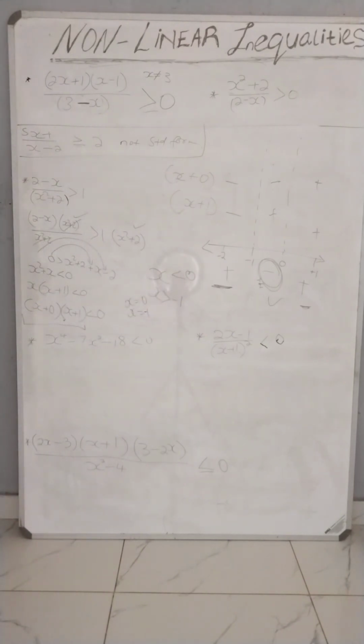If we say x is equal to 0, we'll have 2 minus x, which is 2 minus 0, which is 2, and then we'll have 0 squared plus 2, which is 2, and 2 divided by 2 equals 1. It's not greater than 1, but it's equal to 1, so we can't say equal.